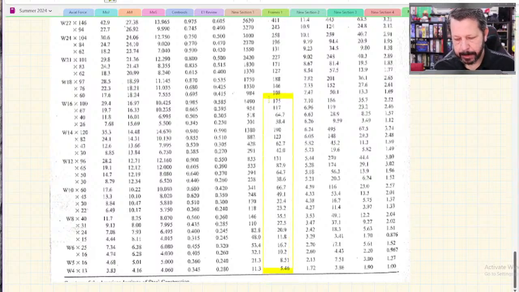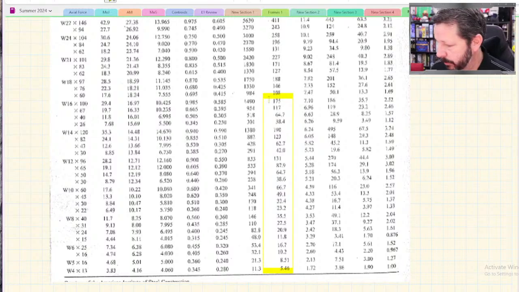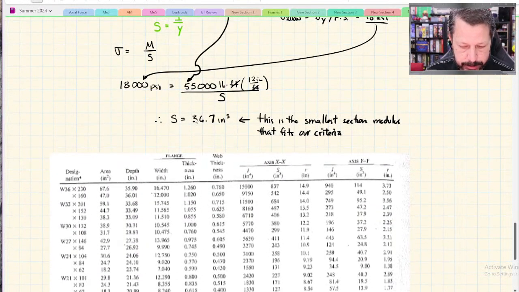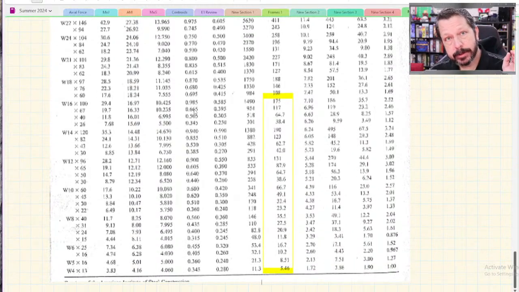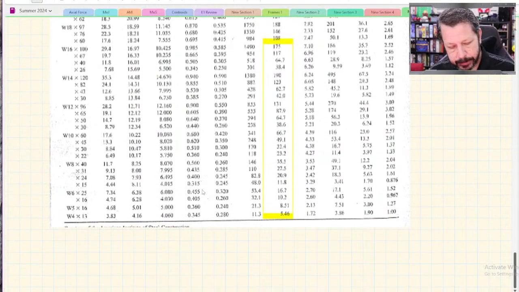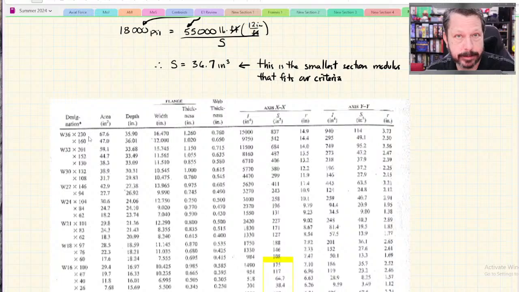I want to find the smallest section modulus that will work, so it's either equal to or greater than 36.7. In general, these charts are arranged with the little beams on the bottom and the big beams on top. Normally, I want the smallest beam because it's less material, lighter weight, easier to transport, easier to put in, and that's the one that is most cost efficient.